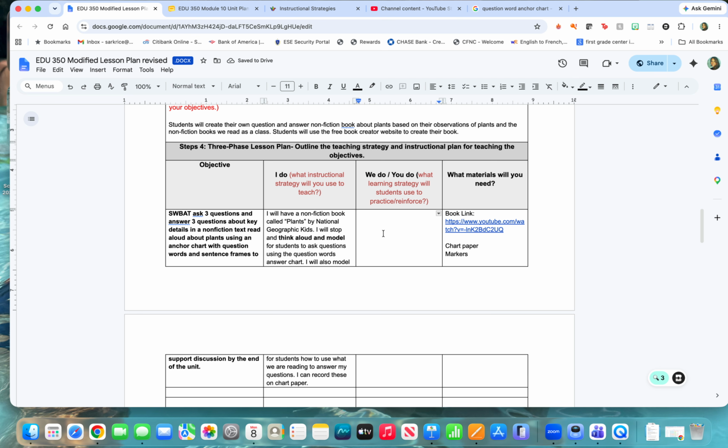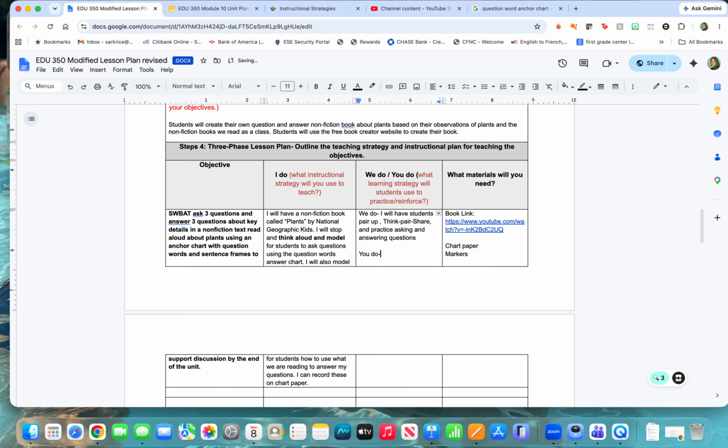So I'm going to say, for we do, I will have students pair up, think, pair, share, which is another instructional strategy, and practice asking and answering questions.